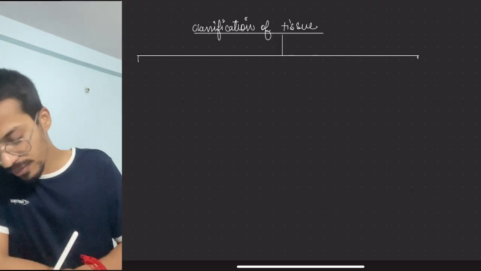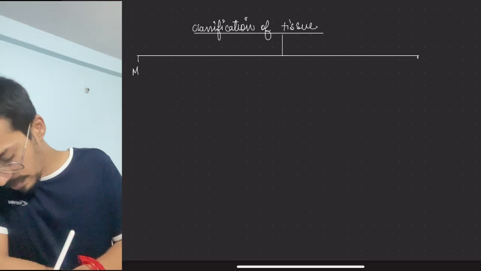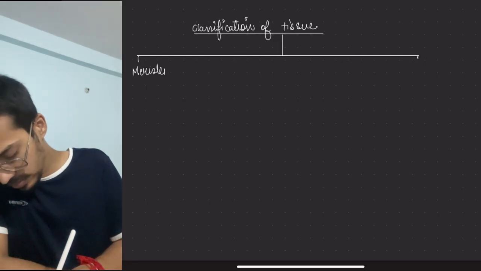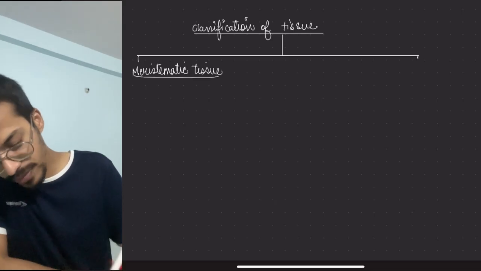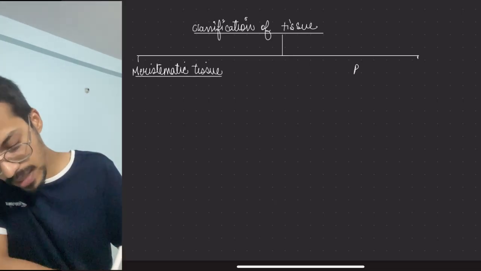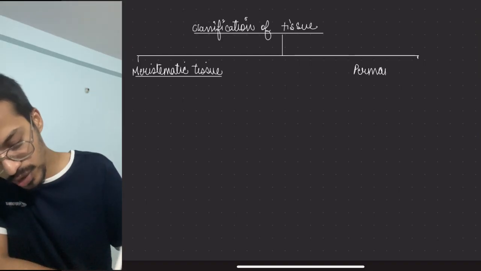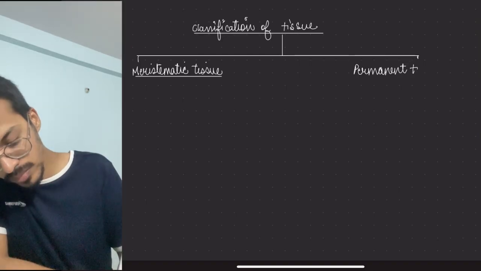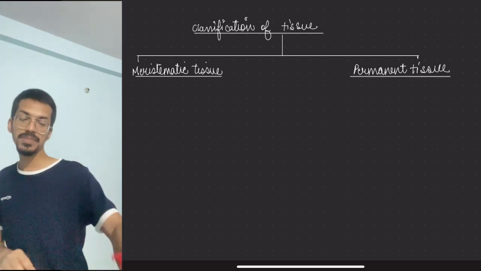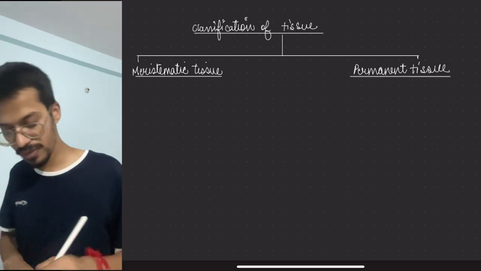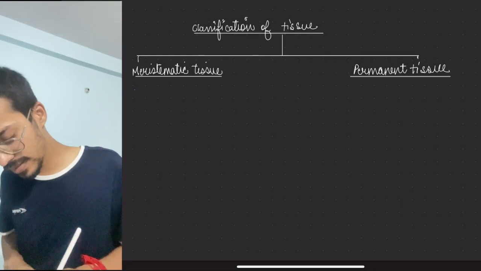So we have meristematic tissue or we have permanent tissue. The meristematic tissue is capable of division, it can divide.